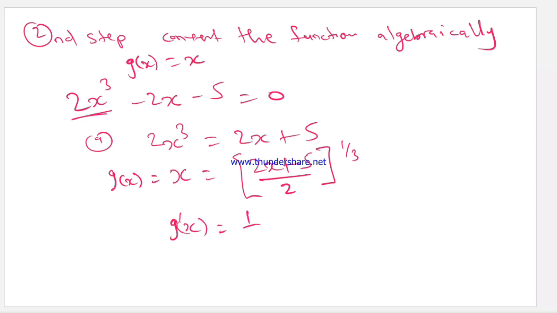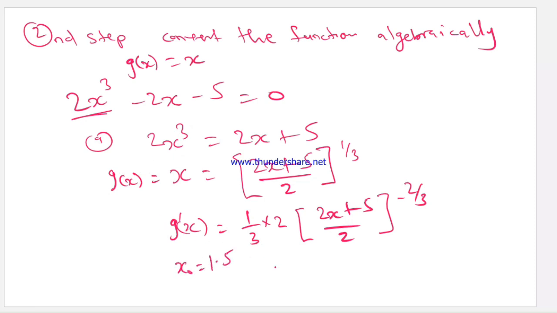We differentiate it, which is 1/3, multiplied by 2, then we have (2x plus 5) all over 2, everything raised to power minus 2/3. When you differentiate, you are going to get that. So when you substitute the x naught equal to 1.5 that we got in the first step, you are going to see that the value of g prime of x is less than 1. So that means we have satisfied the condition.